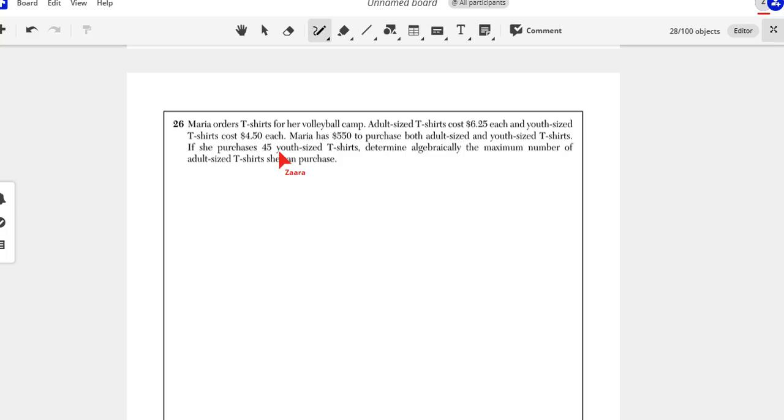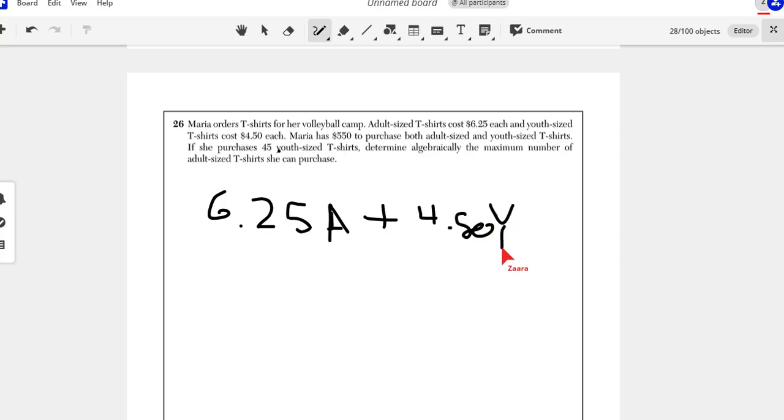So, first, I figured out the equation. So, like this. And then less than or equal to 7.